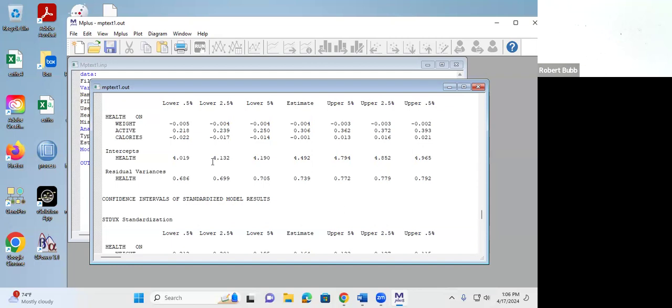I'd probably say interpret them, and that would include giving them, because you can't interpret it without knowing what they are.